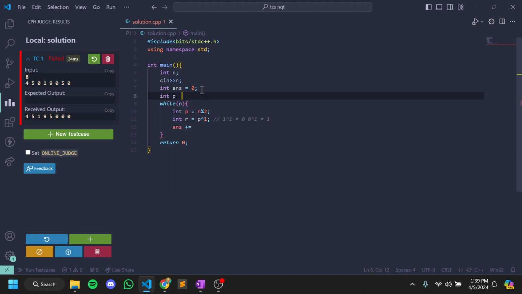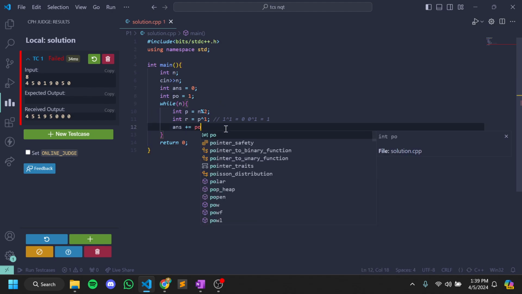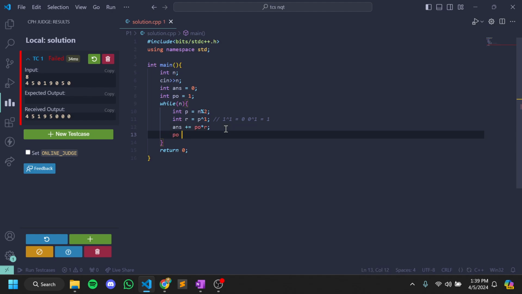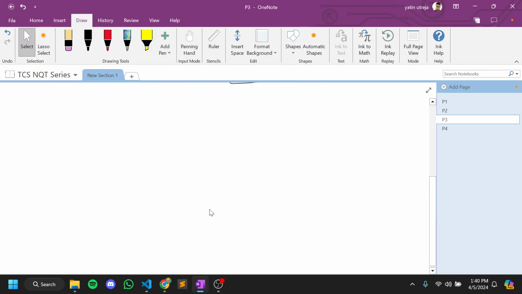For that, first of all, let's take a power of 1. Let's write it as po, and po into equals 2. So let me explain what I did here.